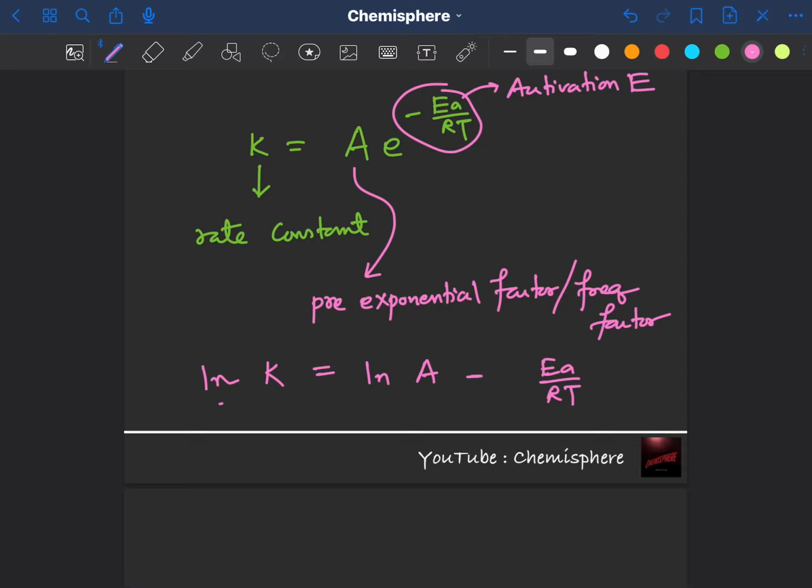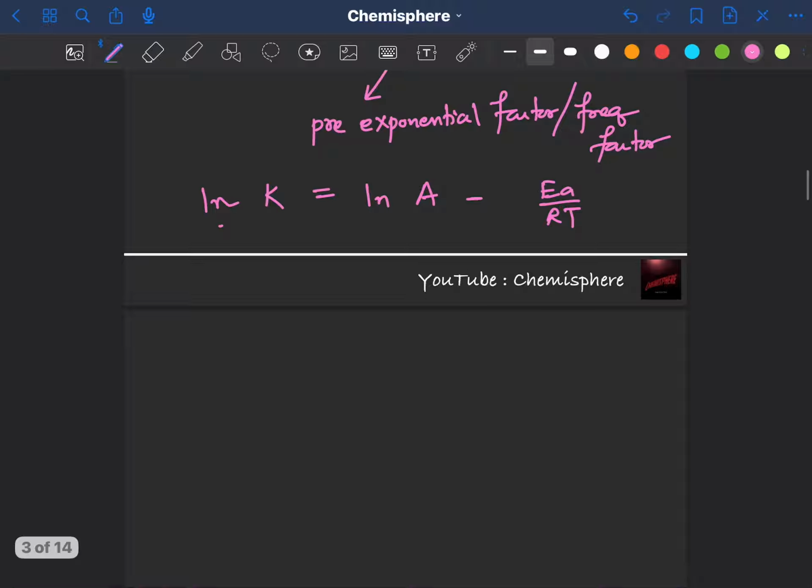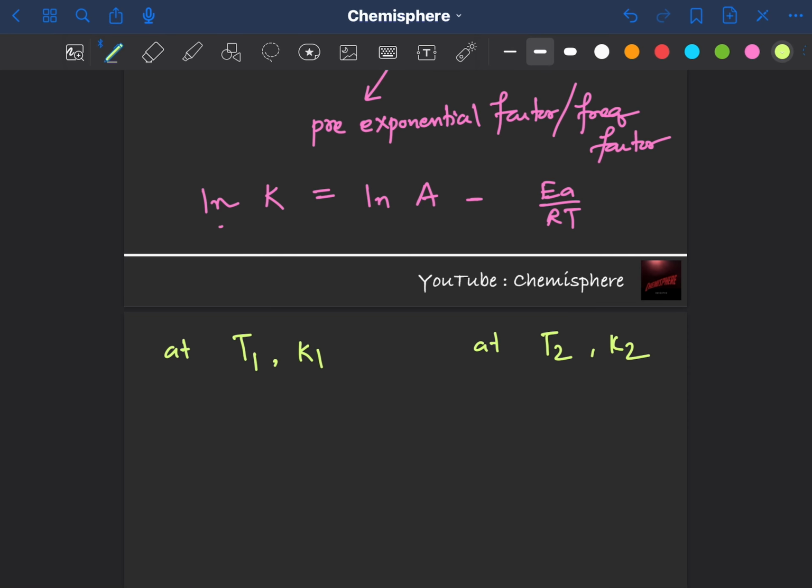Let us say that at temperature T1 the rate constant is K1, and at temperature T2 the rate constant is K2, because the rate constant depends upon the temperature, so its value will be different at different temperatures.